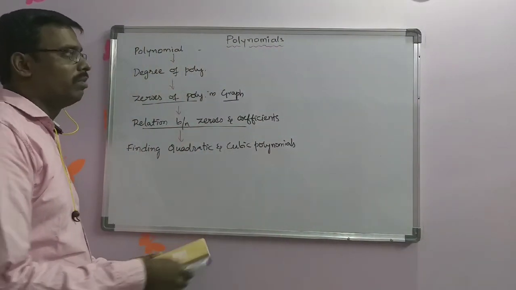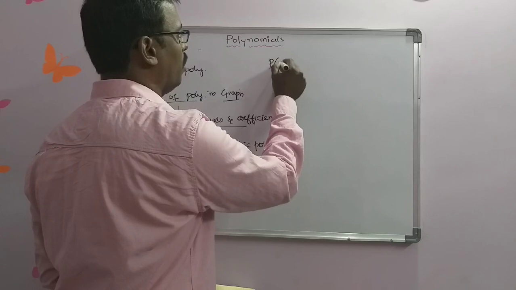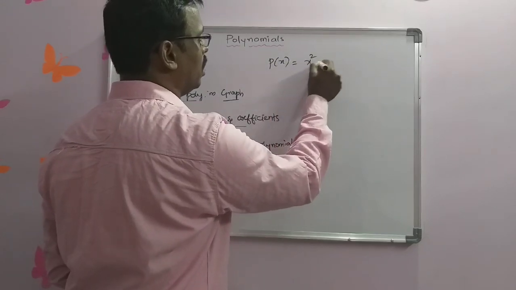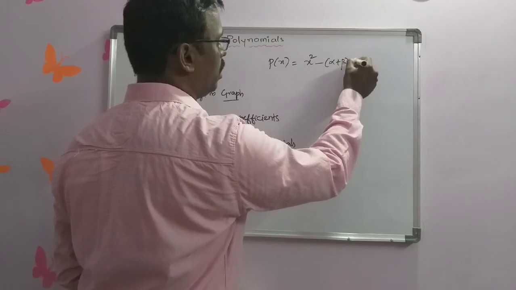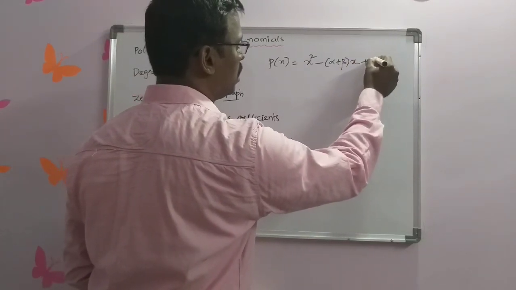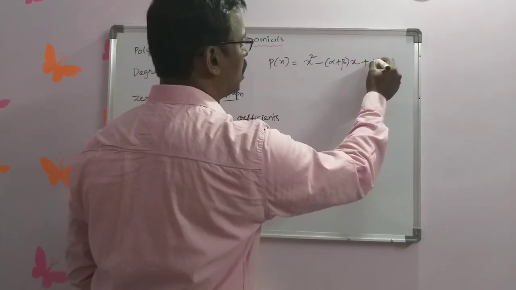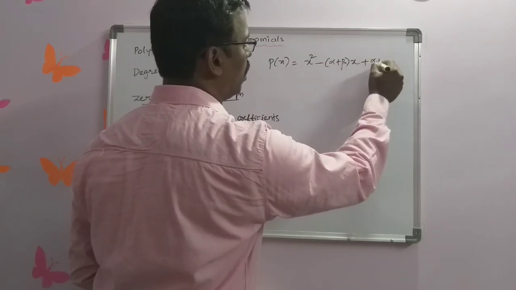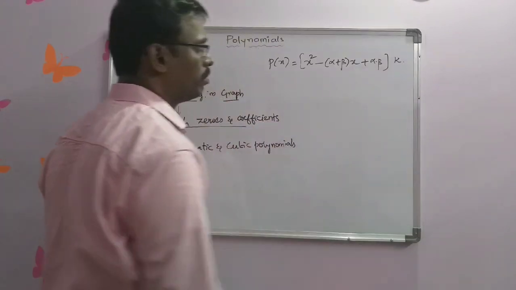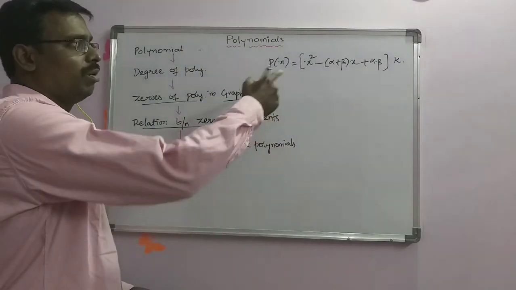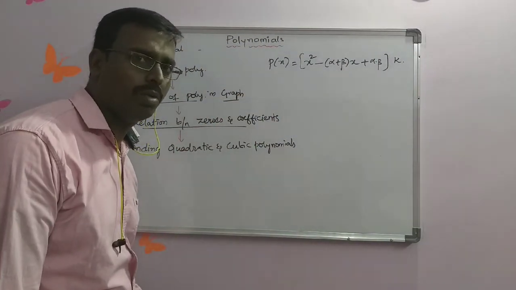So what was the formula for a quadratic polynomial? p of x is equal to k times x square minus alpha plus beta of x plus alpha into beta, with a coefficient k, right? So this is the formula used to find a quadratic polynomial.